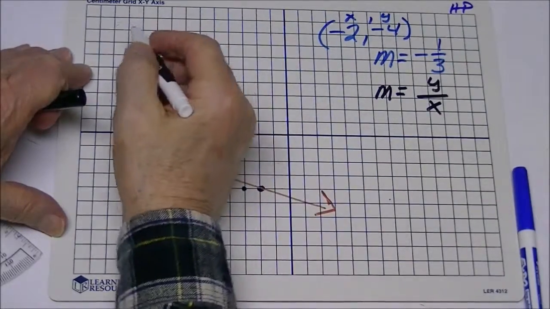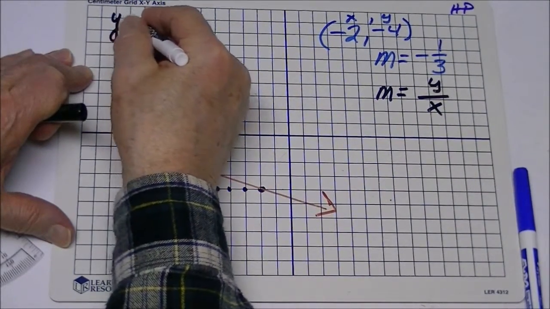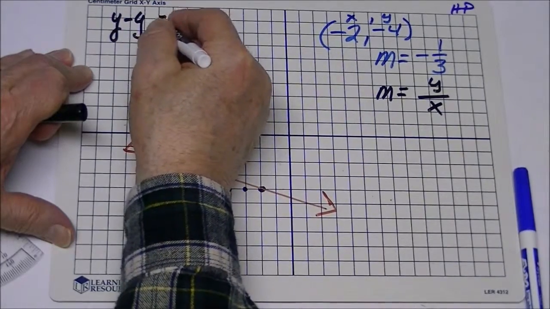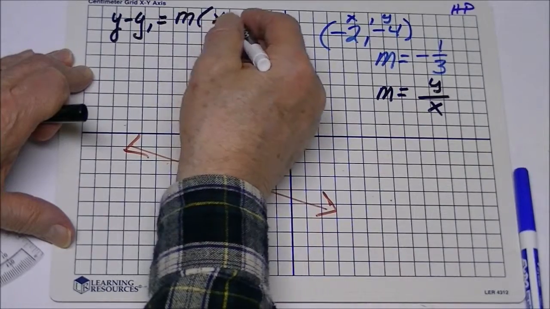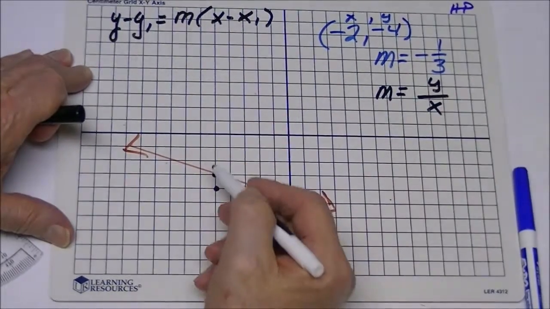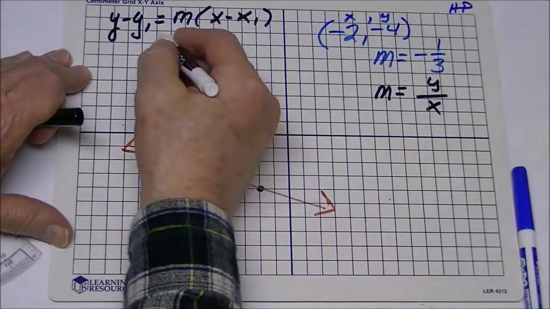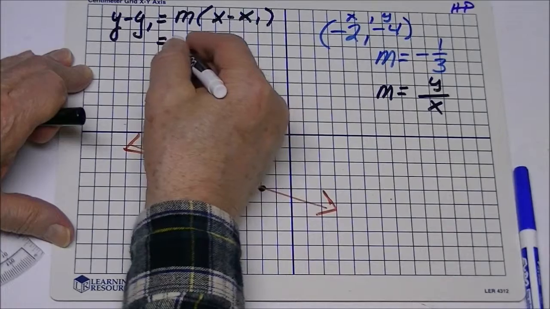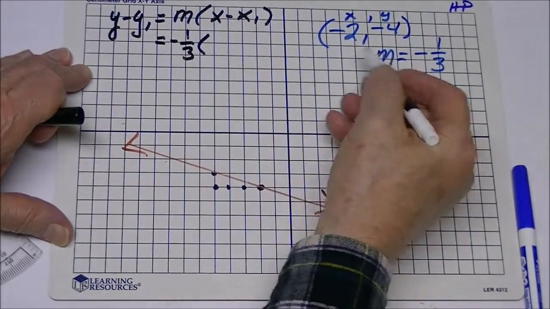So for this, you would need to write the formula y minus y sub 1 equals m times x minus x sub 1, and then substitute. And we'll do that live. So our slope is -1/3. We'll do our x first.